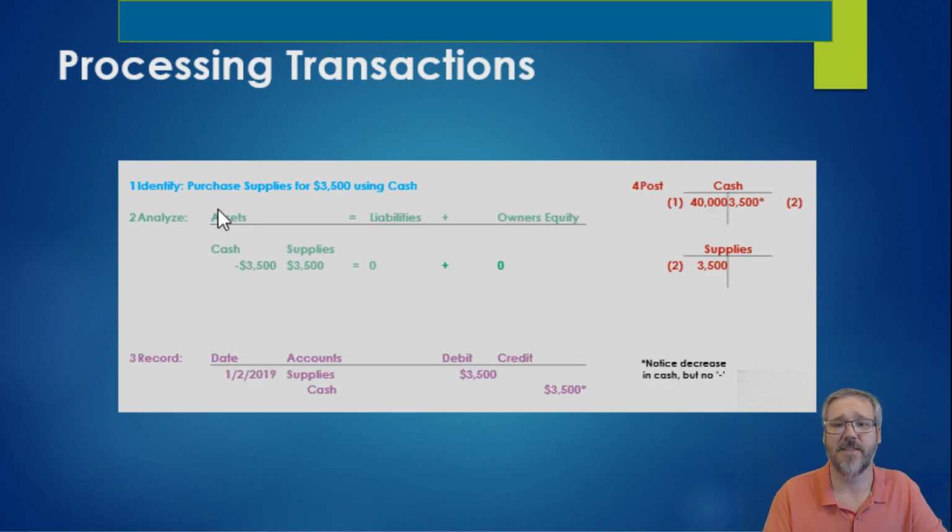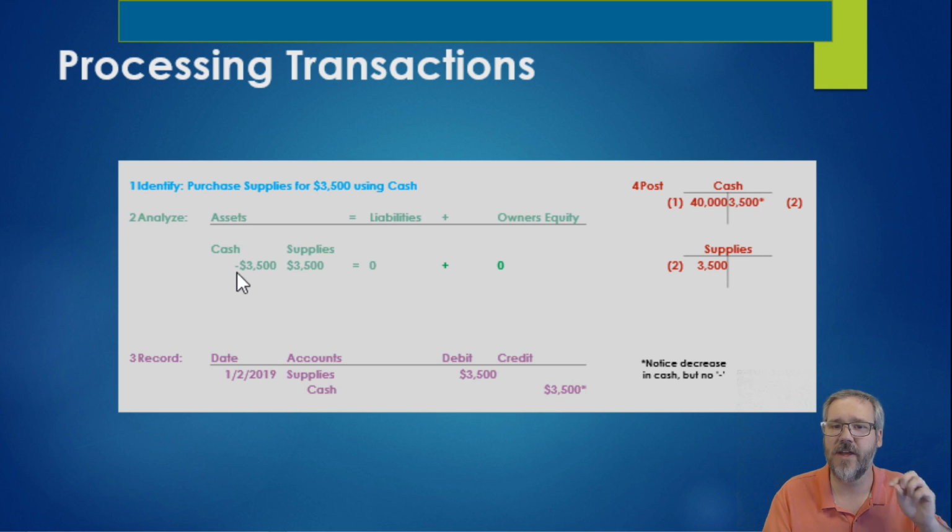In our second transaction, we've identified that I have purchased supplies for $3,500 using cash. This is an asset for asset exchange. You'll notice under my analysis, my assets, cash, I've got that little negative there, negative $3,500.